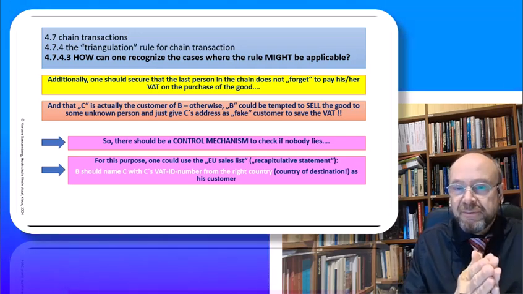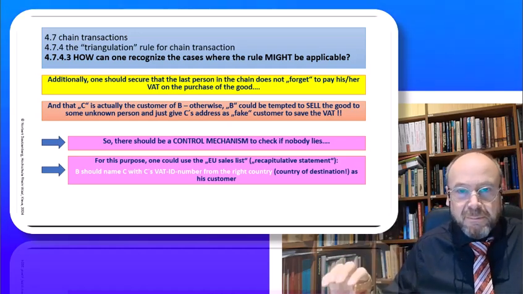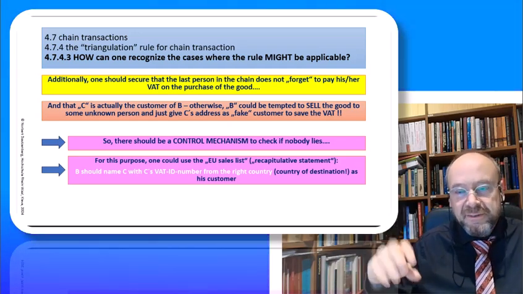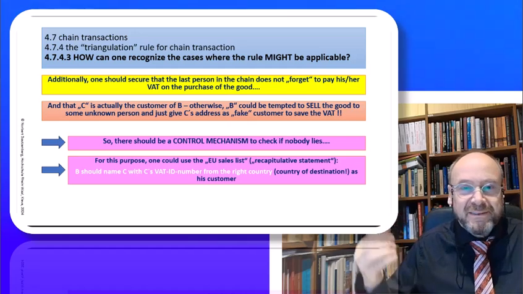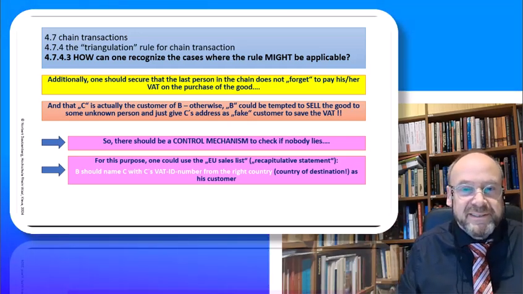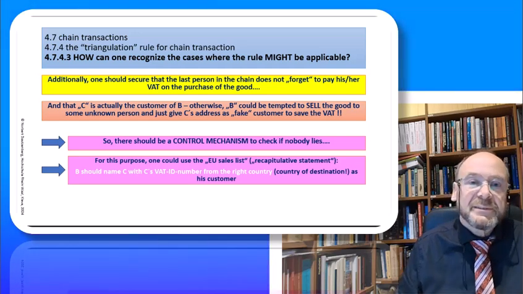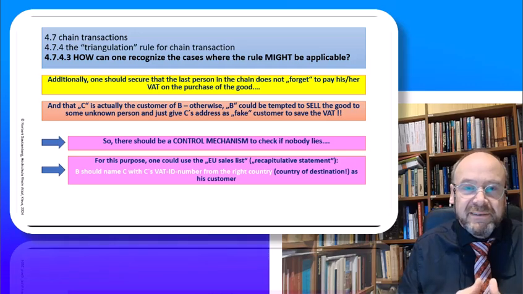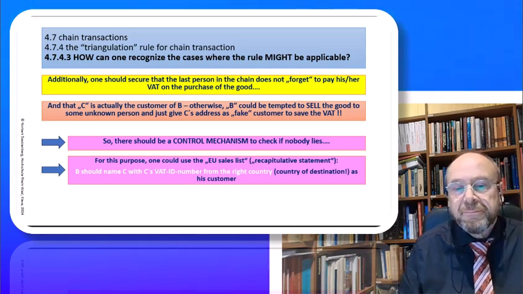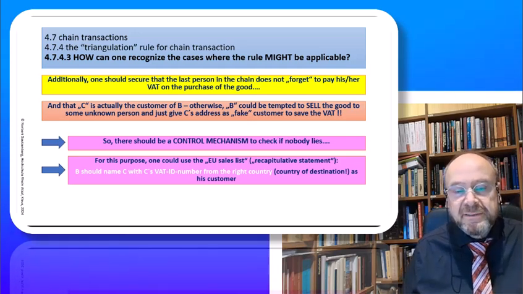So if then B doesn't need to pay the tax, C can't escape the tax supervision of the country of destination, because they automatically get the information from B's country where he hands in his recapitulative statement. So they get the information that the whole thing happened. So he can't escape taxation. And this naturally must also be secured that this can work.